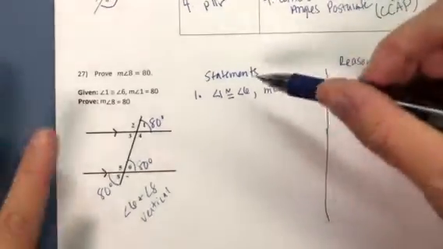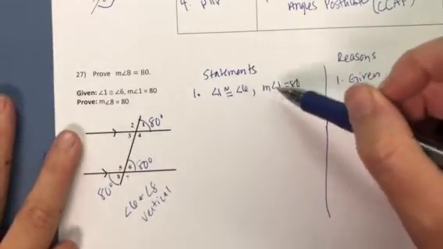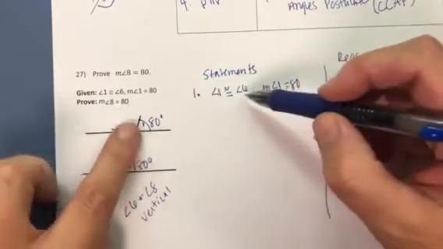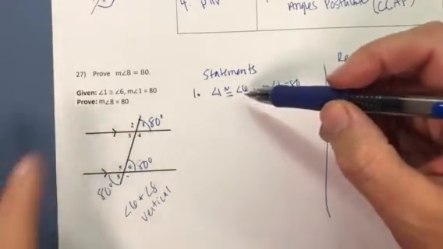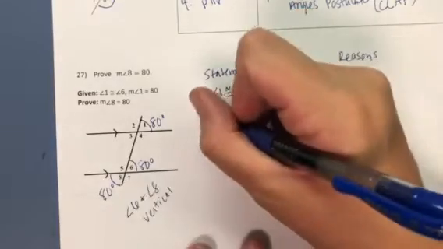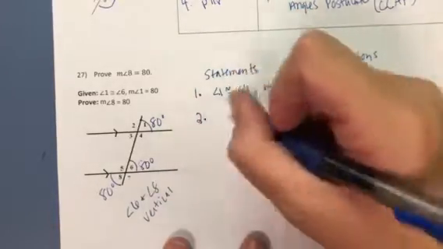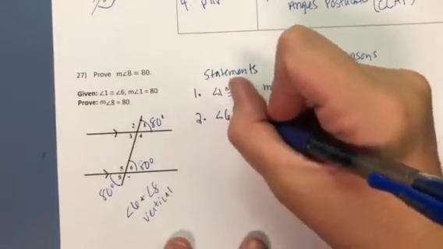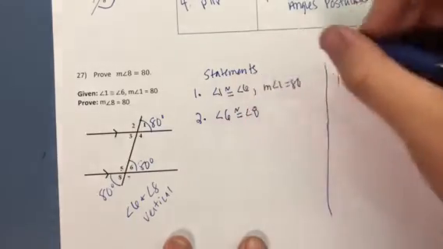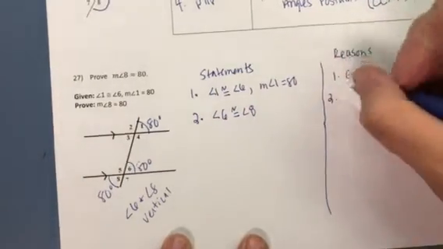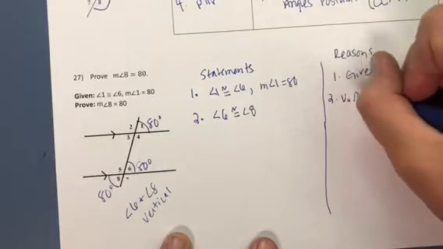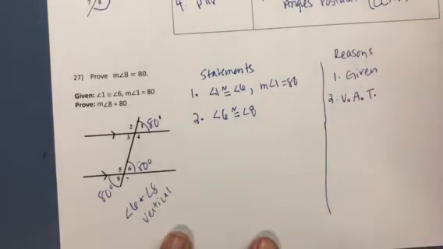All right, so from there, I might even say, so 1 and 6 are congruent. And then I might just jump down here and say angle 6 is congruent to angle 8. And the reason for that is they're vertical angles. So I'm going to use the vertical angles theorem.